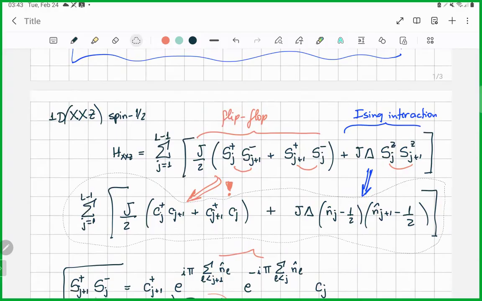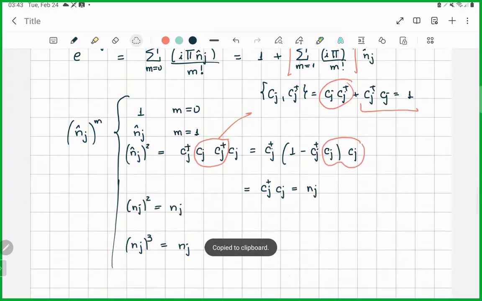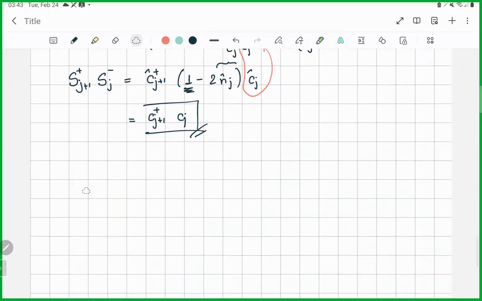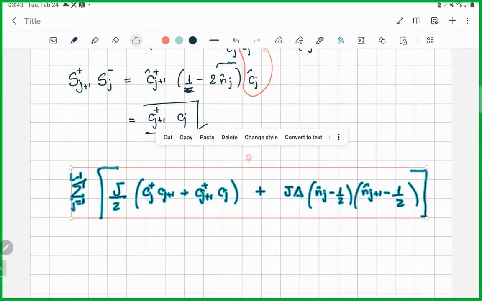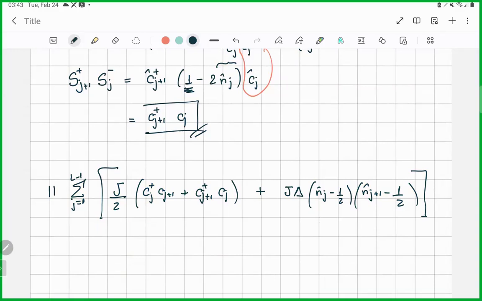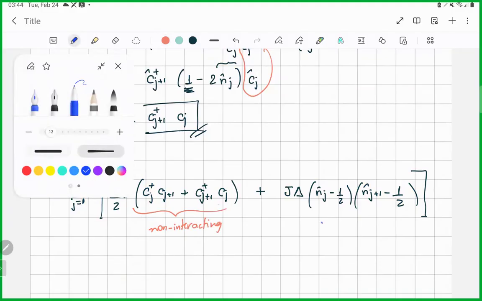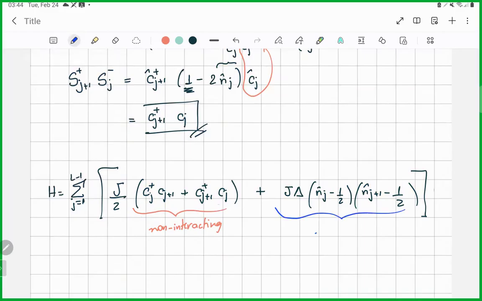So this is now our Hamiltonian for the spinless fermions. Well, why is it so nice to have the Hamiltonian written like this? Because I can immediately say that this is a non-interacting term, while this is an interacting term.